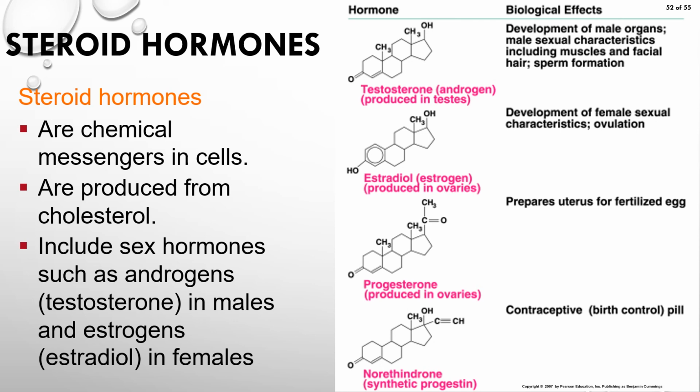Okay, then we have norethindrone. This is a form of progesterone, so synthetic progestin. It is used for birth control or contraception to prevent pregnancy. It is also used to treat menstrual disorders, abnormal vaginal bleeding caused by a hormone imbalance.